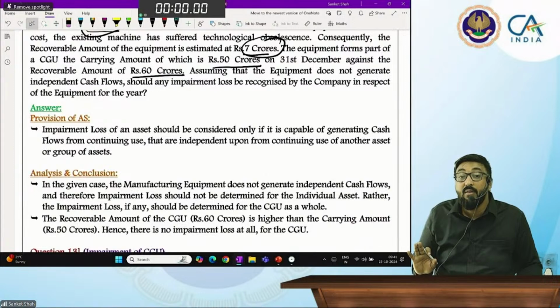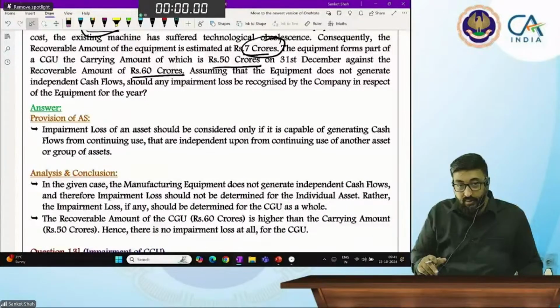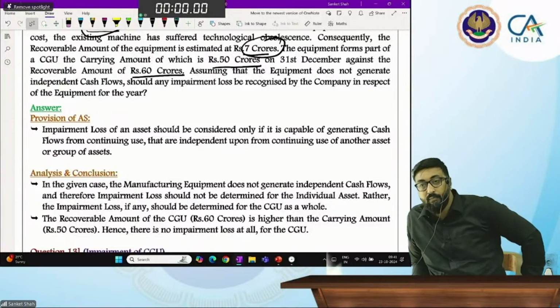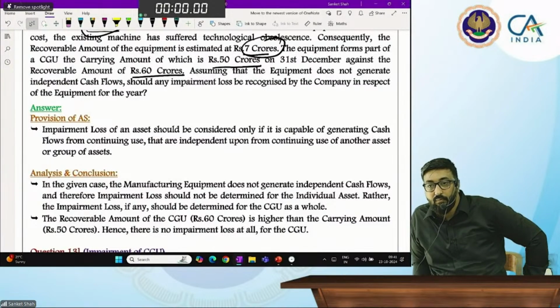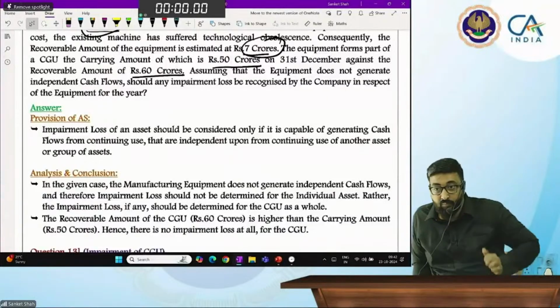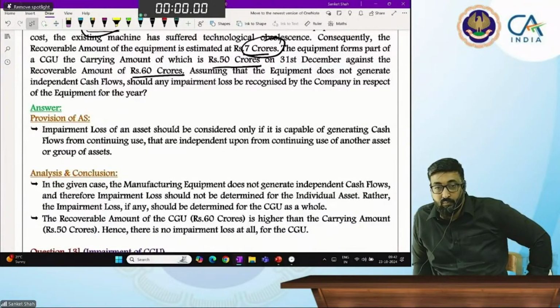Read the answer. Provision of AS: Impairment loss of an asset should be considered only if it is capable of generating cash flows from continuing use that are independent of the continuing use of another asset or group of assets.